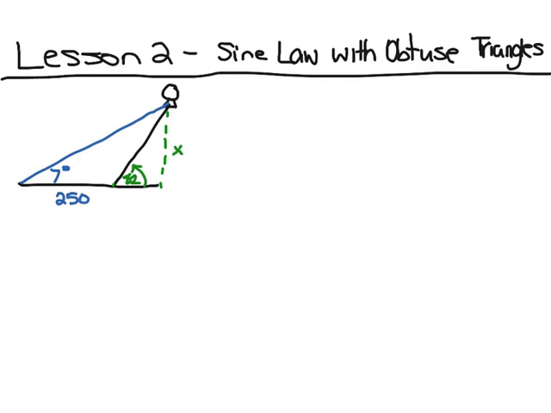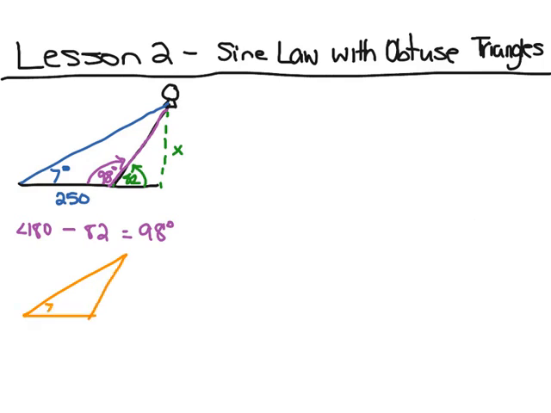So we have two triangles. First of all, we're going to find this angle so that we can use the angles formed in our first triangle to solve for this length. So this angle will be 180 minus 82, which is 98 degrees. Now, we have this triangle.